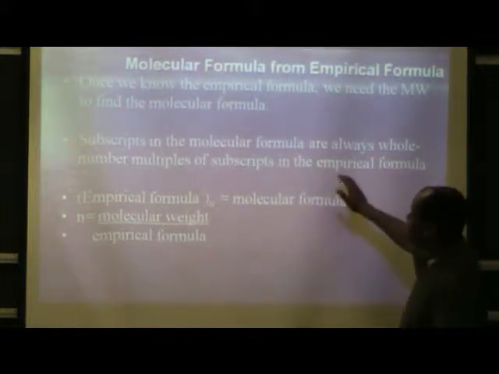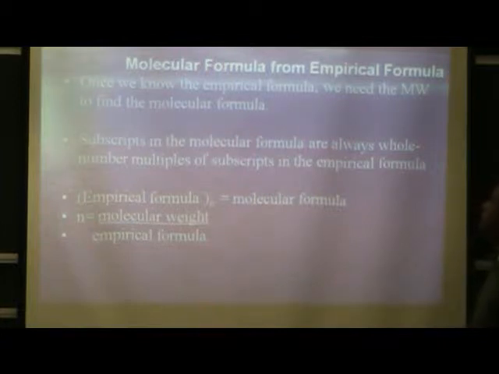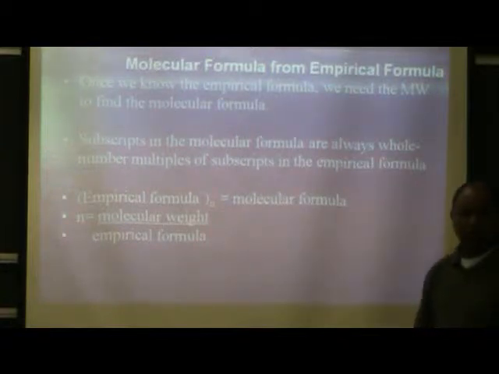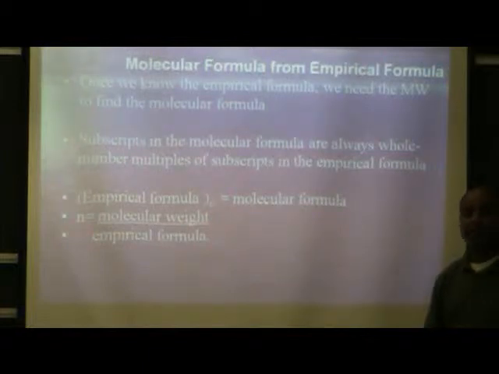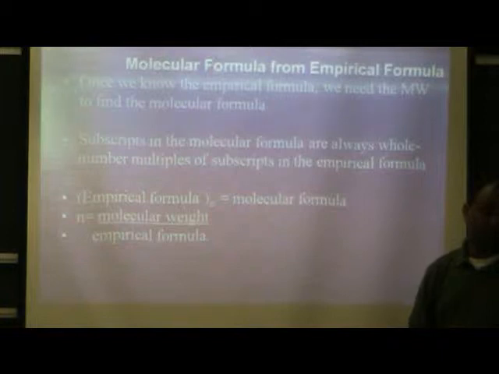So, what we have here is, once we know the empirical formula, we need the molecular weight to find the molecular formula. One more piece of information is needed to calculate the molecular formula. The experimentally determined molecular weight must be given to you.